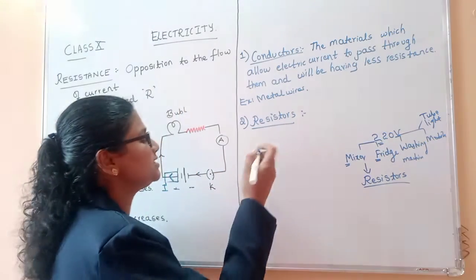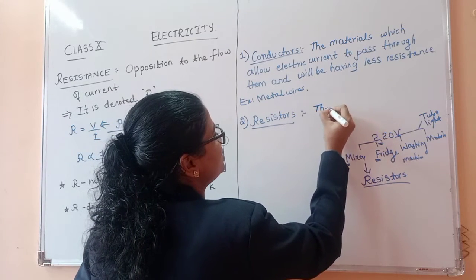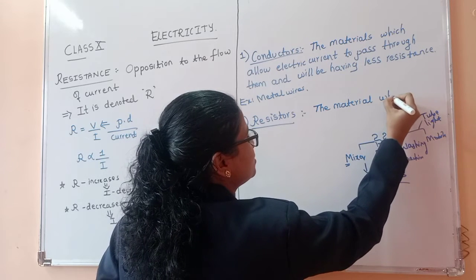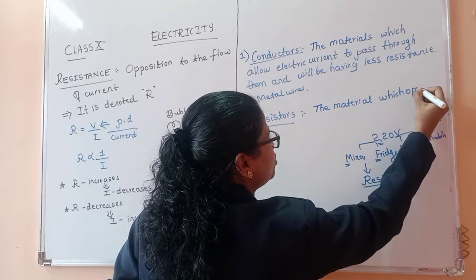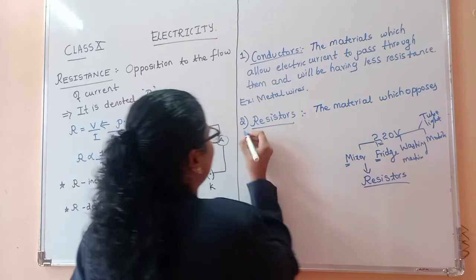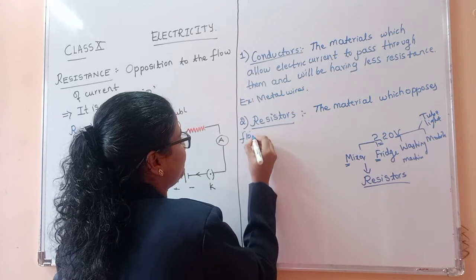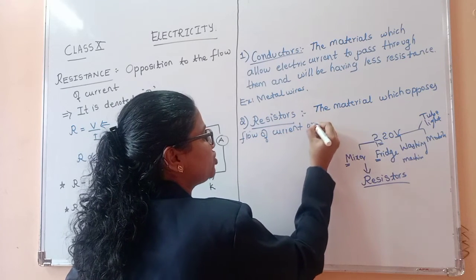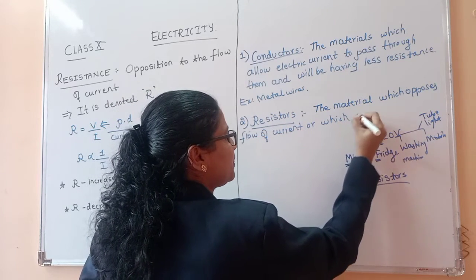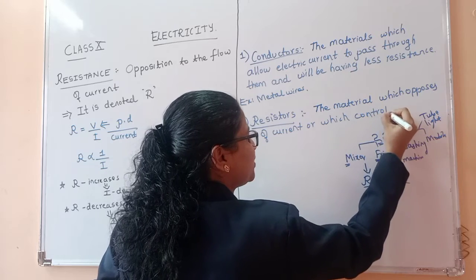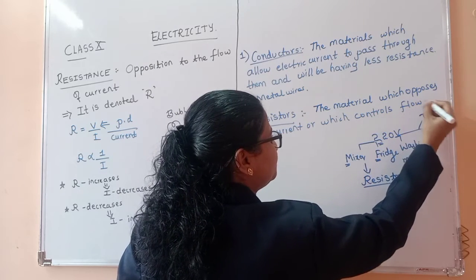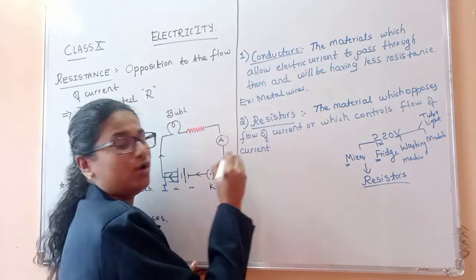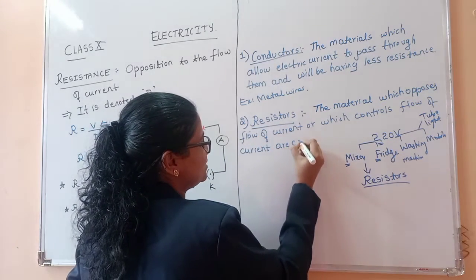So what are resistors? The devices or the materials which oppose, or we can say which control, the flow of current are called resistors.